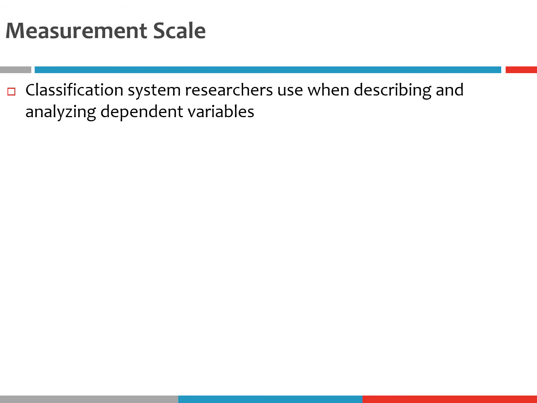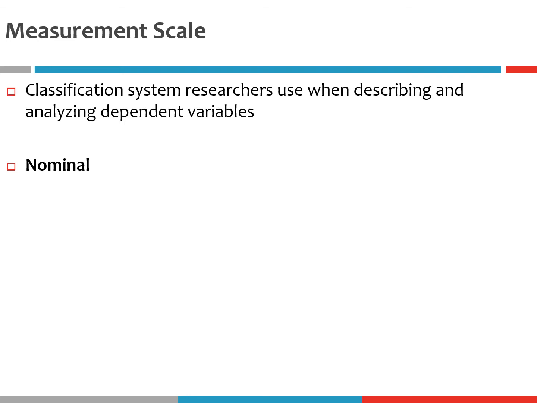Okay, so what is a measurement scale? A measurement scale is a classification system that researchers use when describing and analyzing dependent variables, right? So again, dependent variables or outcome variables are just the variables that you are measuring. Okay.